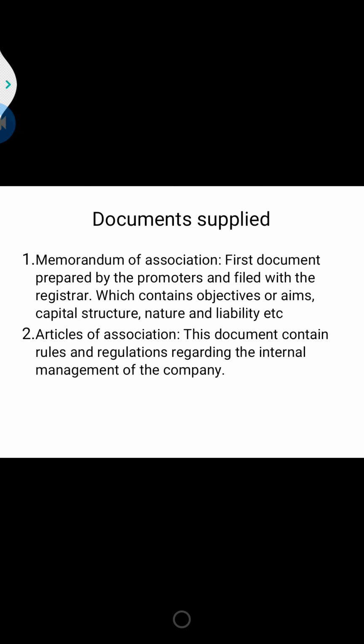As I said, it contains your object clause, liability clause, capital clause, and association clause. The memorandum of association is a type of legal paper that is prepared when forming and registering a limited liability company. It is an important document.